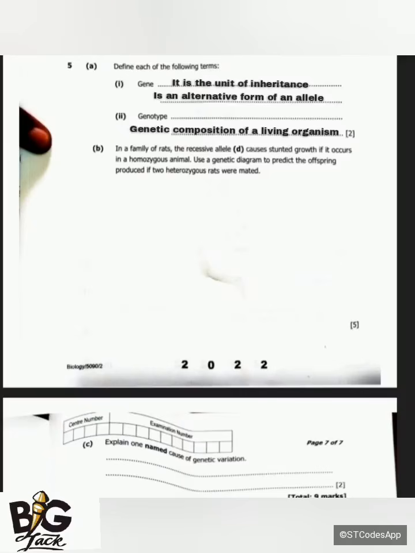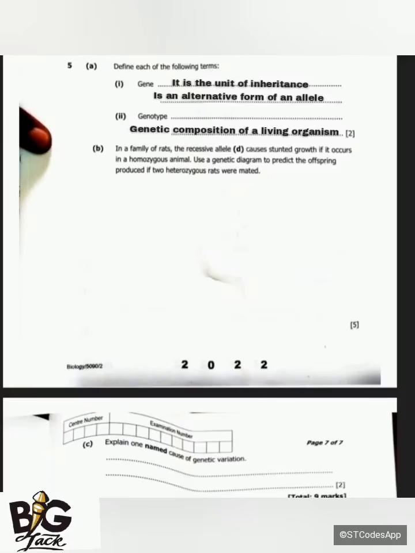Capital letters represent dominant alleles, and dominant alleles are usually expressed in the phenotype, which is the outward appearance of a living organism.